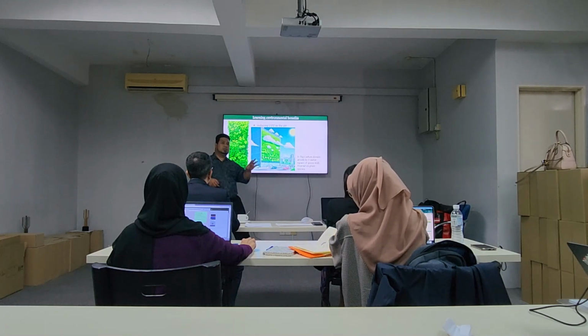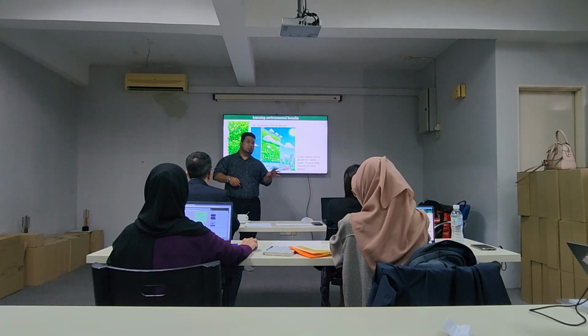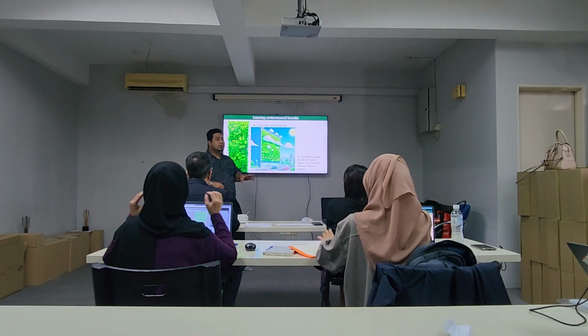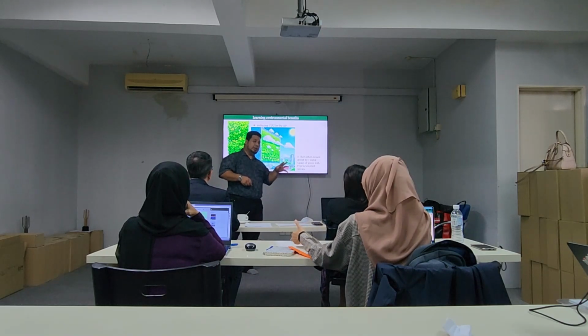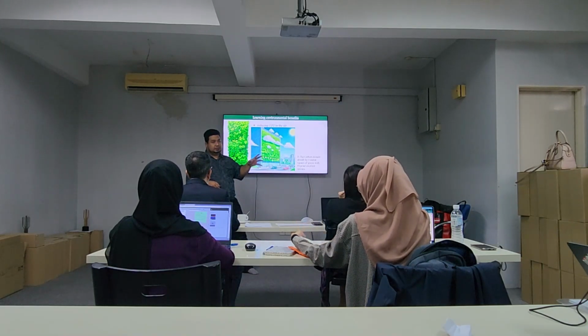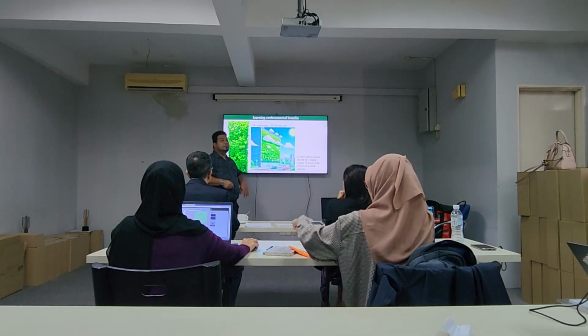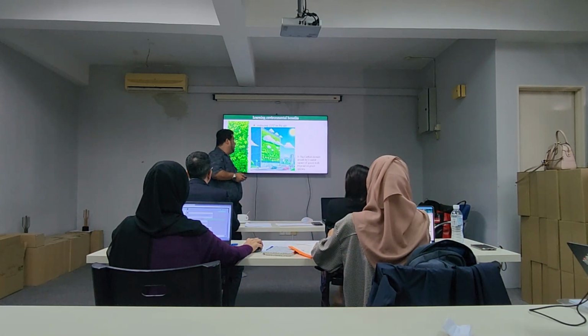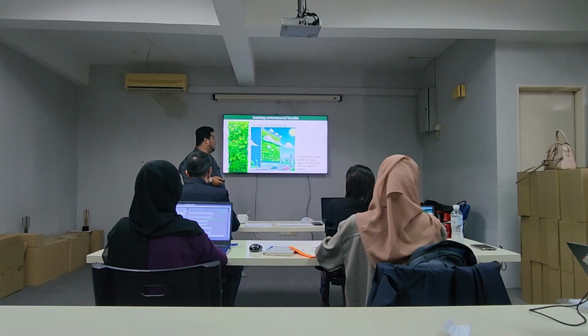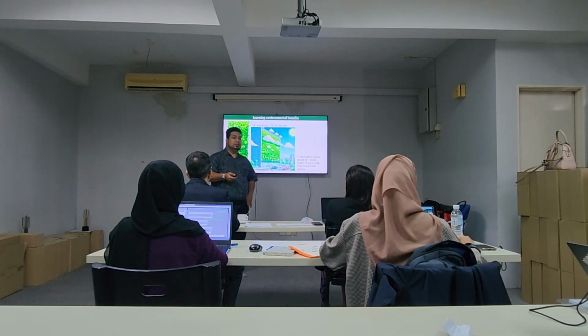So this 5 to 7 is based on the studies, and different types of planting will also absorb different quantities of carbon dioxide. So it will not be the same. For example plants, palms, trees, shrubs, creepers. It depends on the different types of plants. The one that absorbs the highest carbon is actually the palm tree.